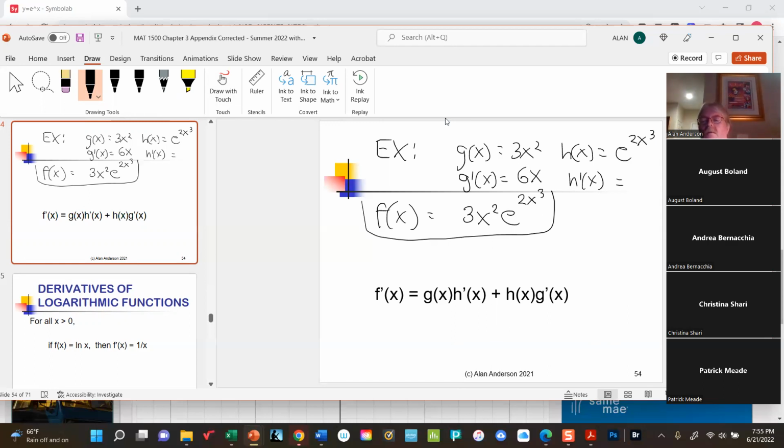The second one, remember with that chain rule, this is defined as e to the g of x. And so all you need now is the derivative of that exponent, which by the power rule is 6x squared. Okay. And if you choose to, you can rewrite it as 6x squared e to the 2x cubed. It's not necessary.